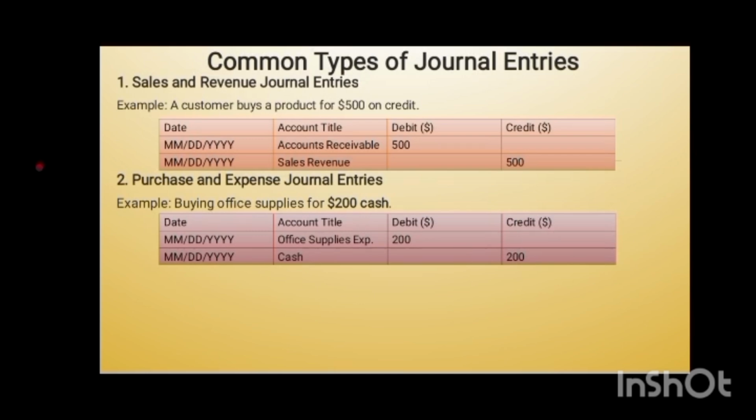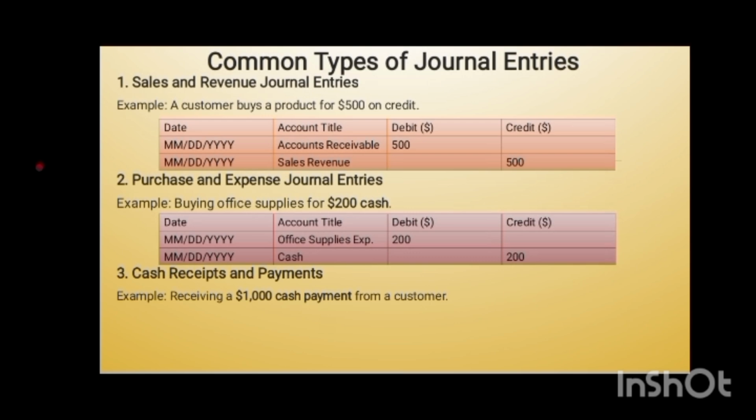Cash is also an asset. So when the asset is decreasing, here the cash is decreasing, it will be credited. So this will be the complete entry of the transaction of buying office supplies, right?